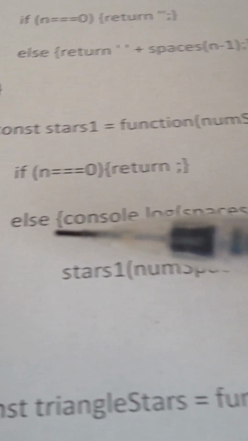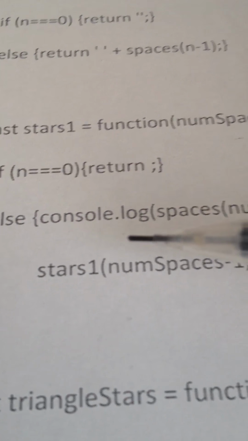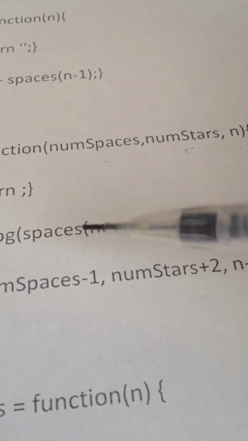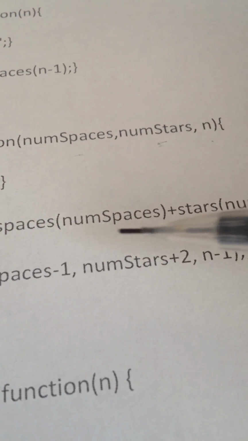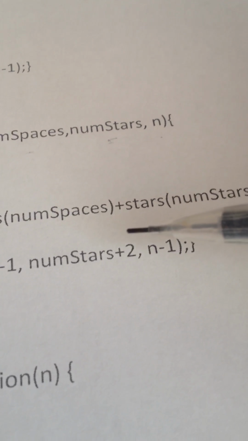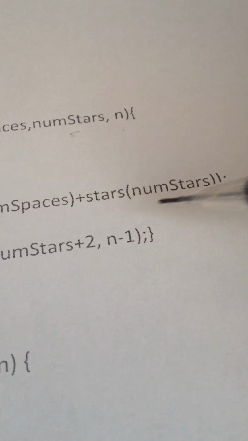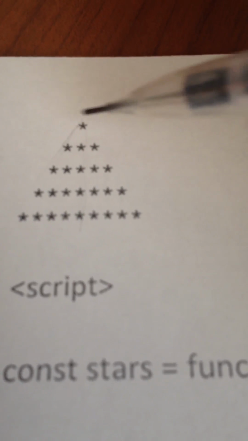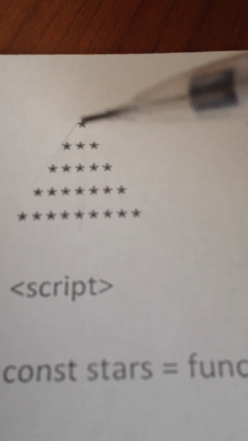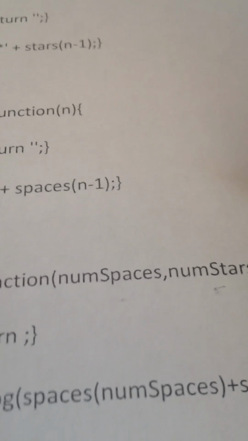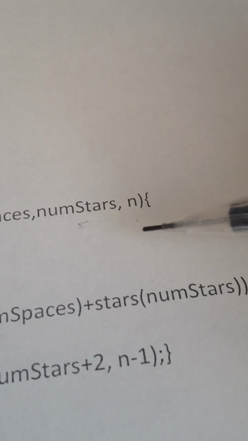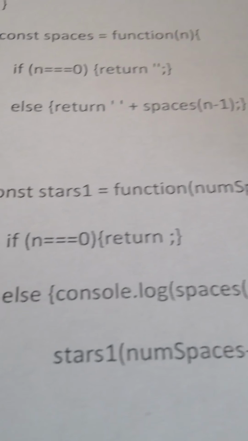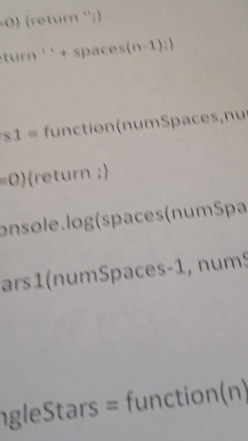If it's not, then print the function of spaces with the number of spaces concatenated with the number of stars here. So as you can really see, we have basically spaces concatenated with the stars. So that's how this function is going to operate. And the n, as I already said, is responsible for the number of lines.